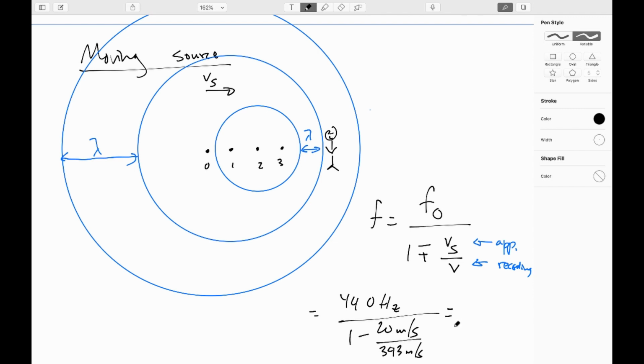That's honestly how I remember: I know if you're approaching it'll be higher, if you're receding it'll be lower, and then I think about which plus or minus sign will give me the sign that I want. So that's going to work out to be, divide, there we go, 467 hertz. So a little different than the other example, but very comparable.